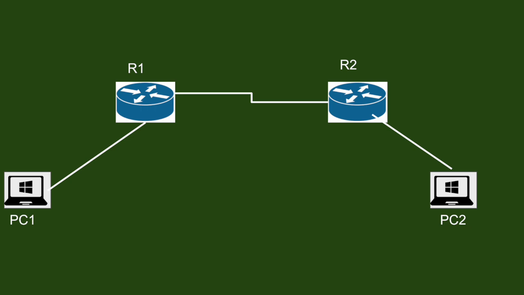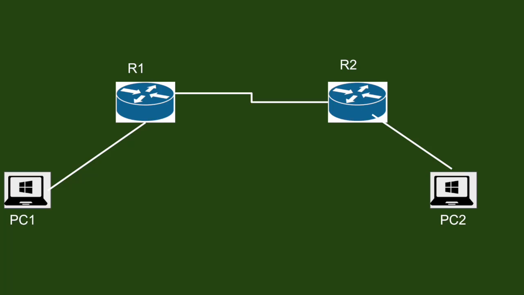Let's say this PC1 wants to go to PC2, and this is a leased line connectivity. That means PC1, in whichever building it is, has connectivity going directly to the service provider, and then from R1 to R2 there is again a leased line connectivity, and finally R2 is connected to PC2.